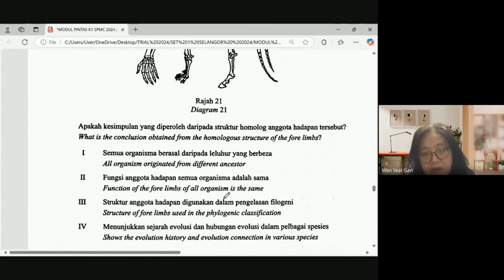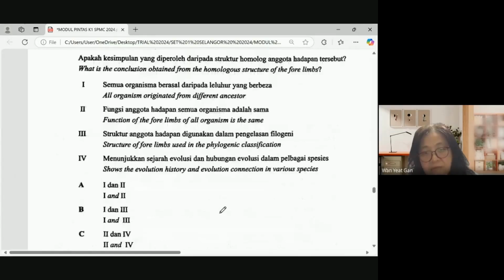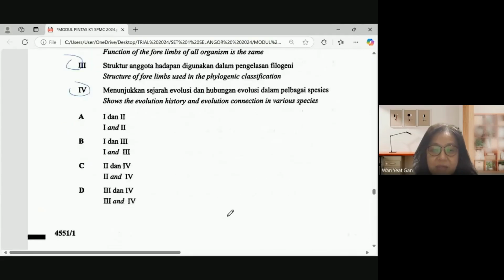Phylogenetic classification classifies organisms according to their ancestors, the similarity that they share, and it also shows the evolution history and the evolutionary connection in these various species. So the answer is D.